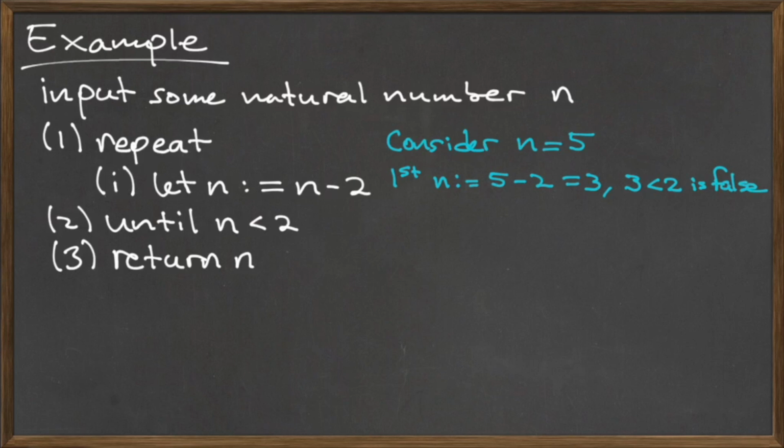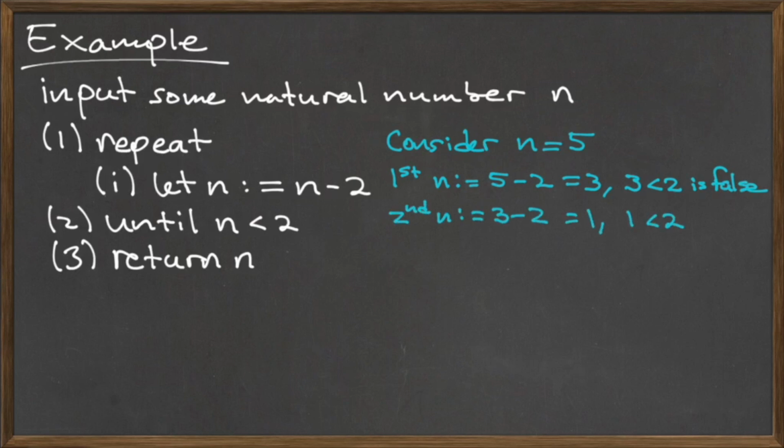Now that we've finished the steps in the interior of the loop, we reach the stopping condition until n is less than 2. Before we can proceed, we need to determine if the current value of n meets the stopping criteria. The current value of n is 3, which is not less than 2, so we cannot proceed to step 3, and we re-enter the loop and redefine the variable n again.